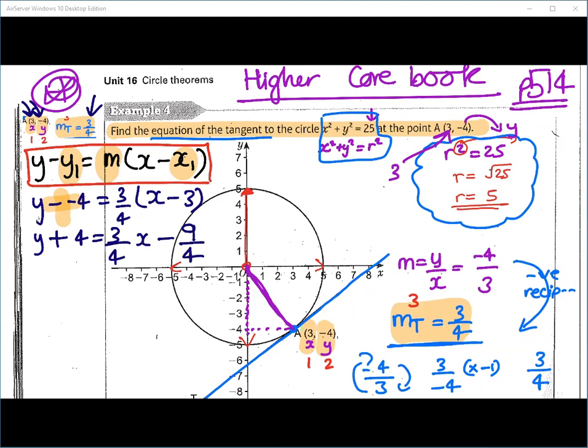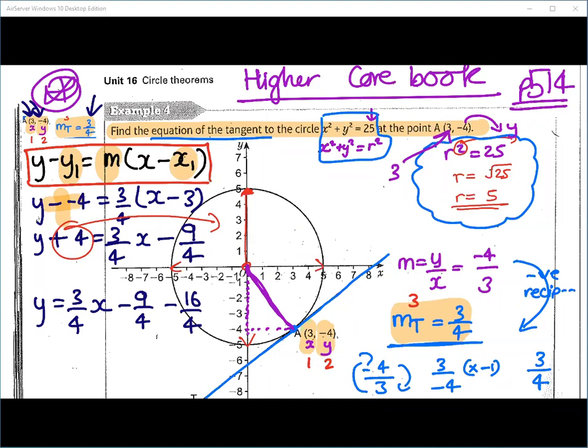And then you subtract the 4. So we now have y equals, everybody should be copying all of this down. So we've got -9/4, and the 4 becomes -16/4. That's a lovely way of thinking about it. You're converting it into a top heavy fraction. So 4 has got 16 quarters in it.